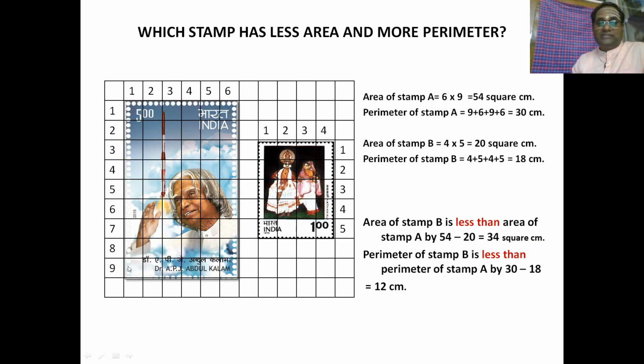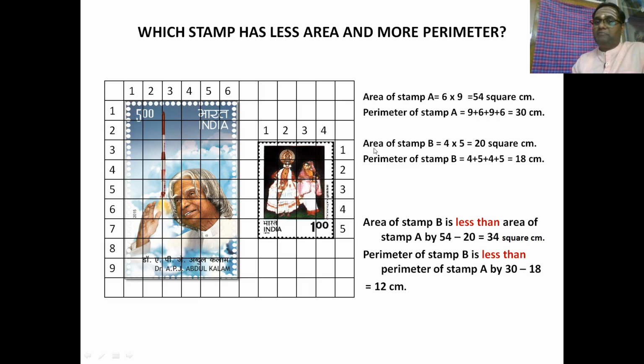So 6 9s are 54. So the area of stamp A is 54 square centimeter, and the perimeter of stamp A will be 6 plus 9 plus 6 plus 9, that makes 30 centimeter.